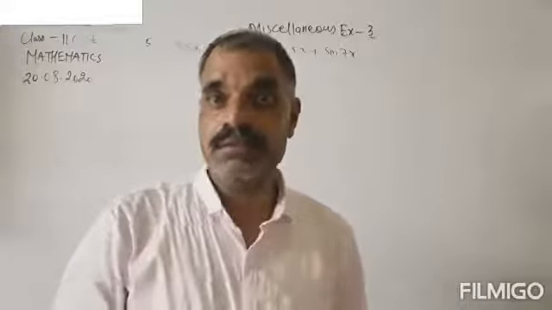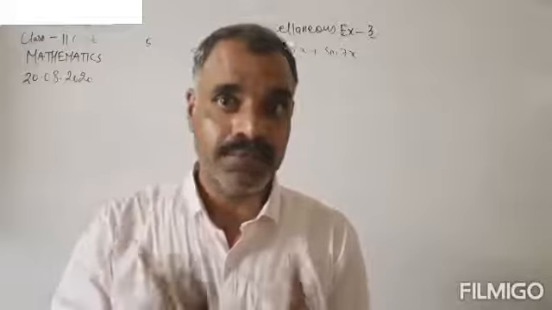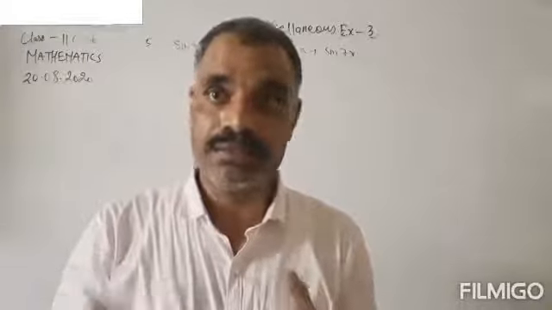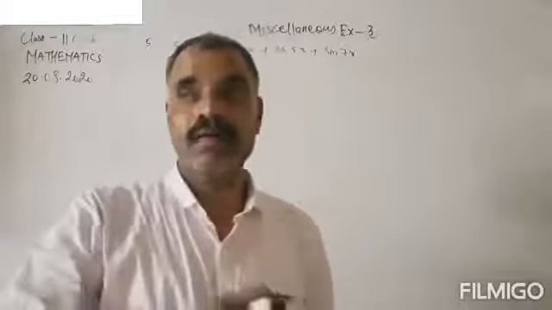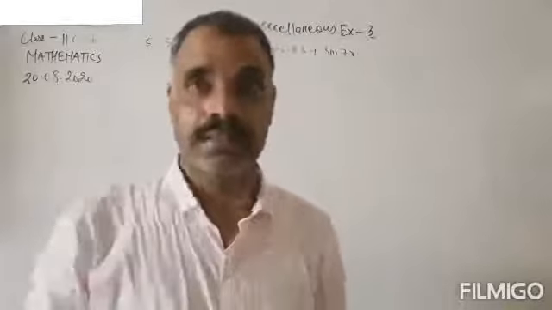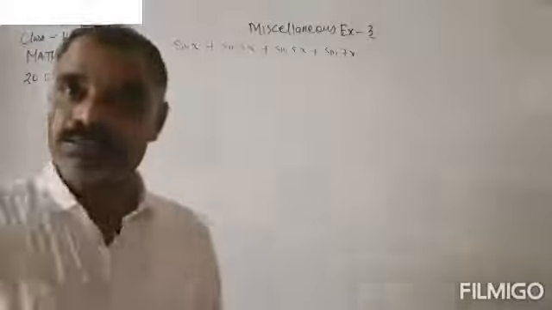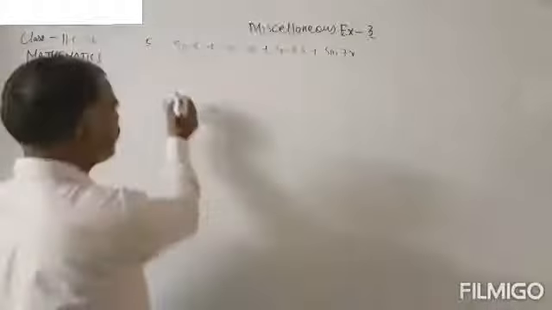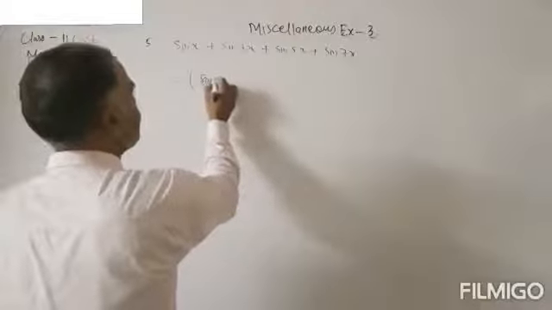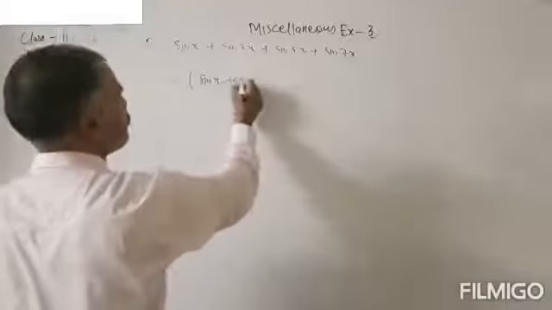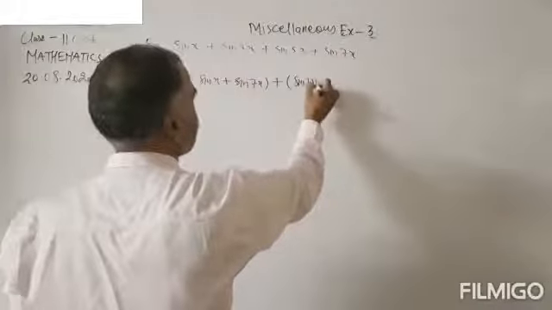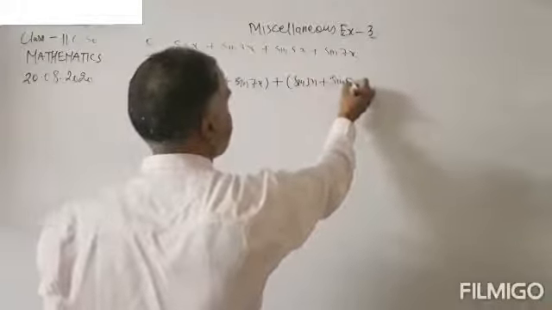If you make the best combination, the answer will come in fewer steps, otherwise the answer may be lengthy. So to make the answer shorter, you have to make the best combination, and the best combination is sin x plus sin 7x, plus sin 3x plus sin 5x.